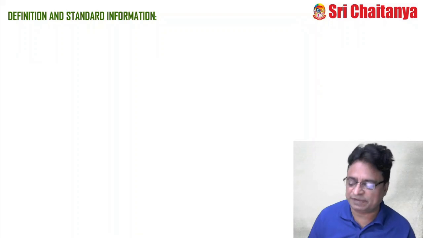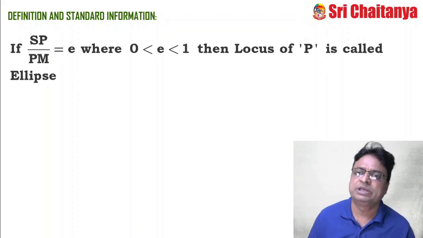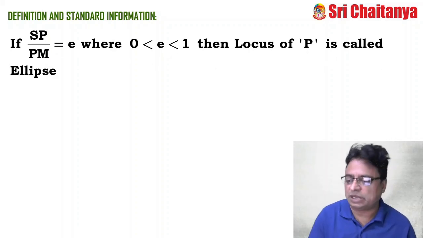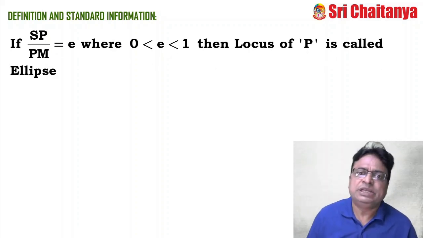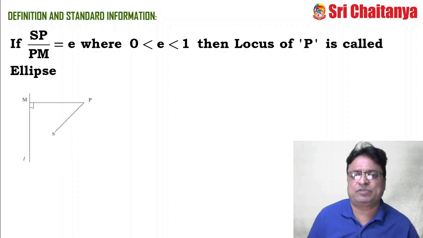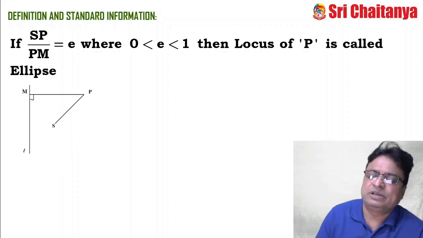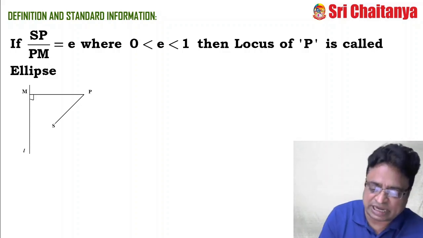My friends, now through this video, I am introducing the basic standard definition and information of the ellipse. See, as I mentioned earlier in our lesson number 1, if SP by PM is equal to E, what is S and what is P and what is PM? Here once again I am explaining.